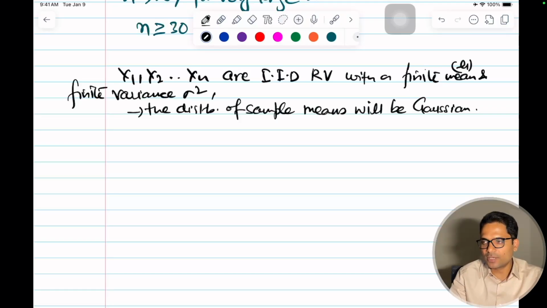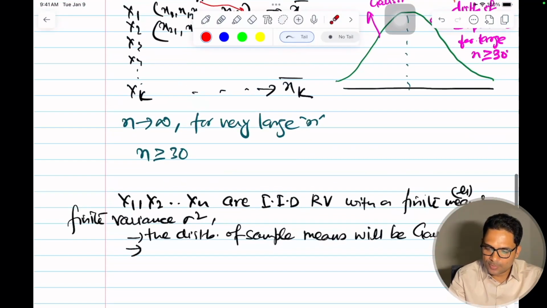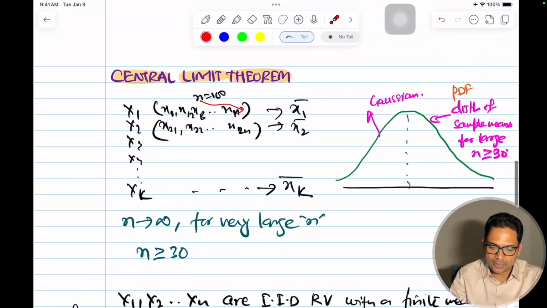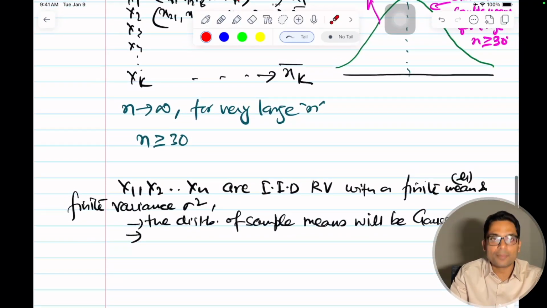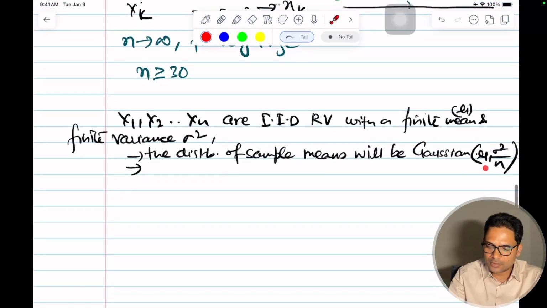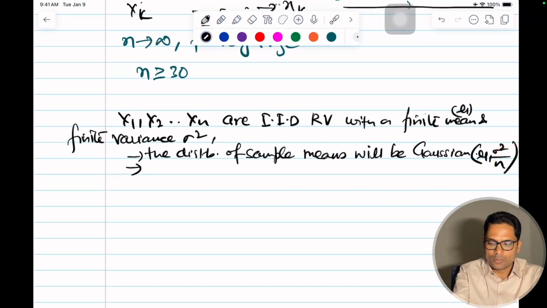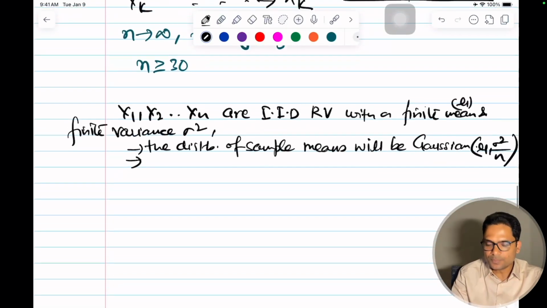Generally I write it here: the mean will be mu, as I mentioned, and the variance will be sigma square by n, not sigma square. Sigma square is the variance of the data, but the variance of this mean will be sigma square by n, and we'll prove that. The standard deviation of this, the square root of it, is called the standard error.